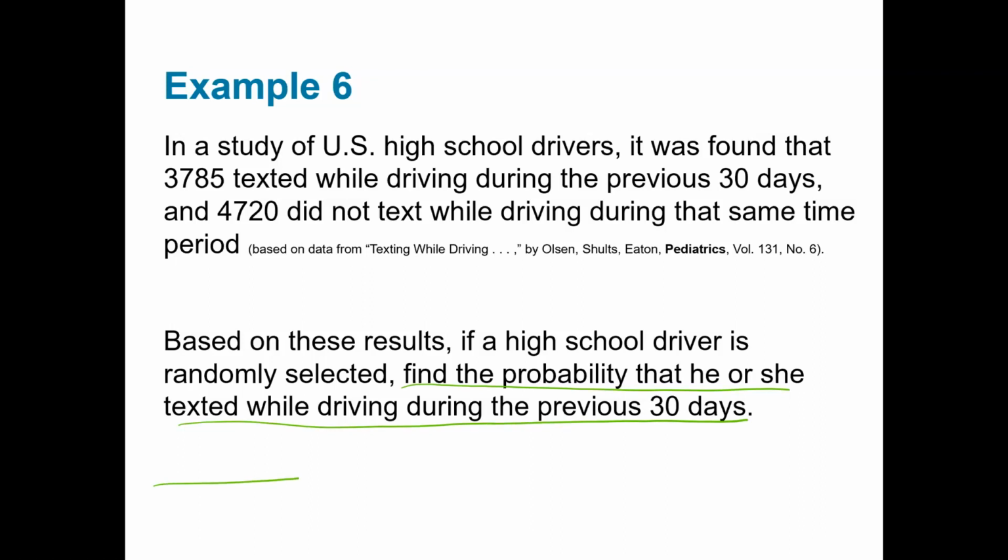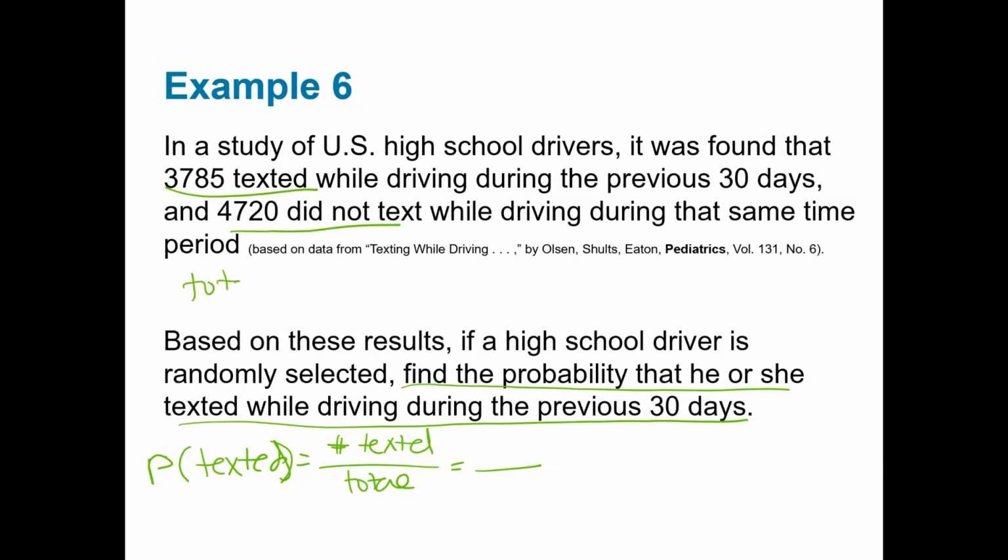All right, so we're looking for the probability that they texted. So we want to know the number that texted over the total. And this is where a lot of people make some mistakes, which is we need the total and they didn't give it to us. This is how many texted and did not text. So our total is adding these 2 numbers together.